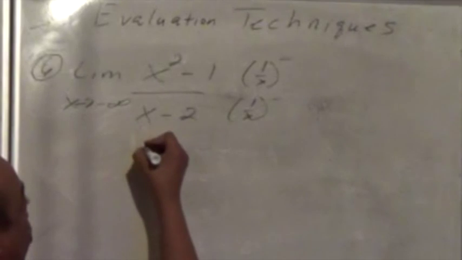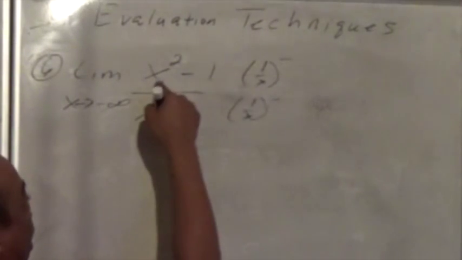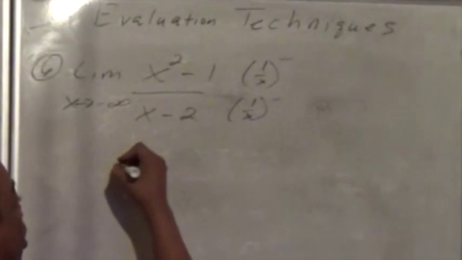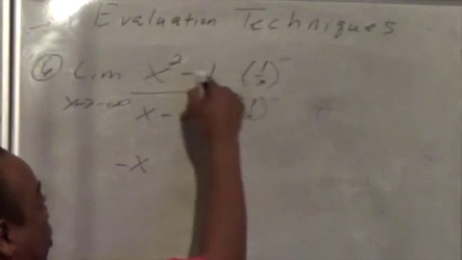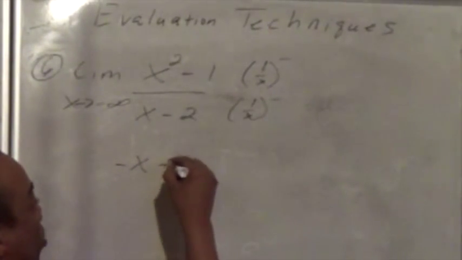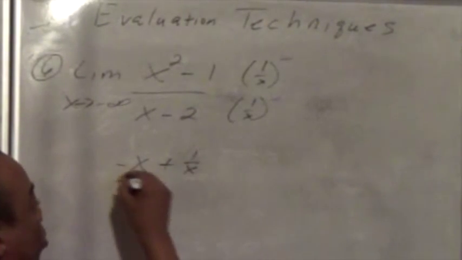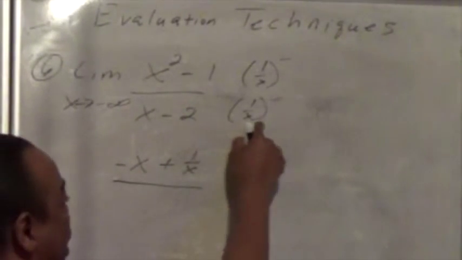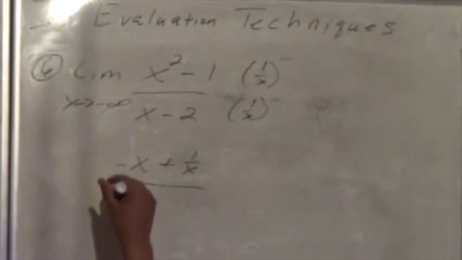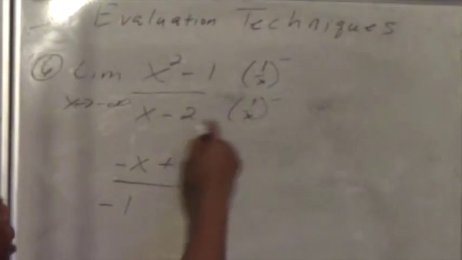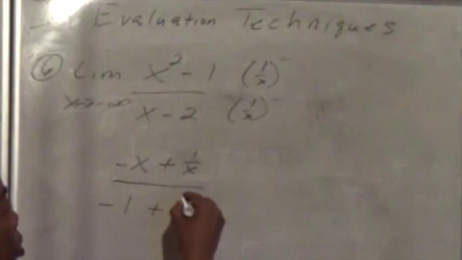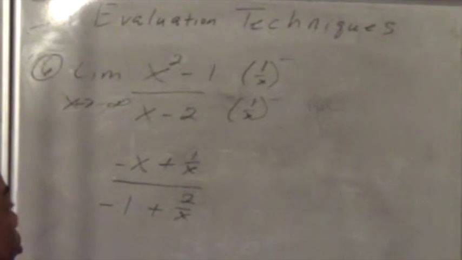So this will end up being negative 1 over x times x squared gives me negative x. And negative 1 over x times negative 1 gives me positive 1 over x. Distributing this, we got a negative times a positive here, and we end up with a negative 1. And a negative times a negative gives me positive 2 over x.